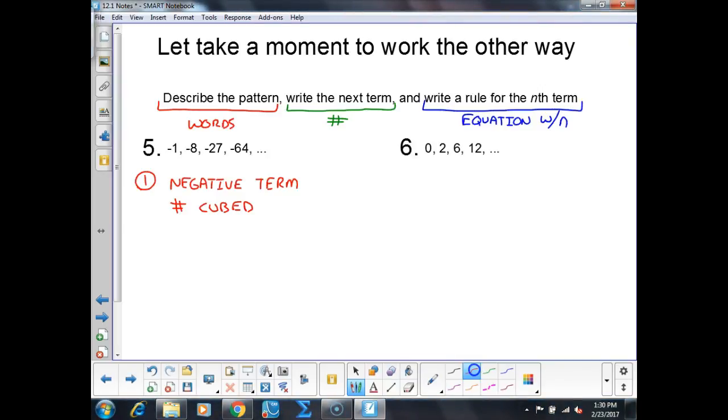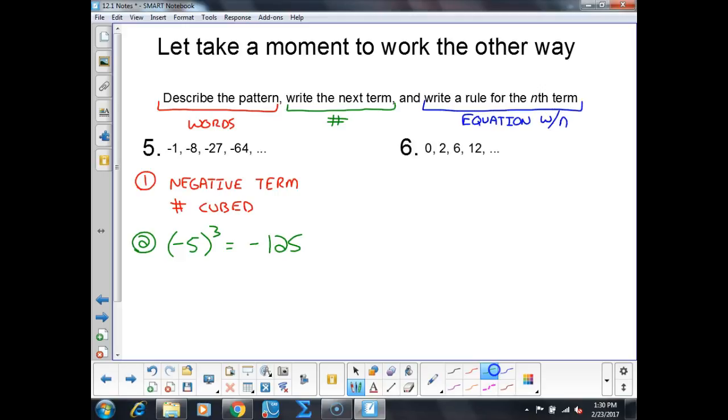Okay, so then the second part said, find the next term. So we did the first 4 terms, so that means we need the 5th term. So that's negative 5 cubed, which should be negative 125 for my next term. Yes?